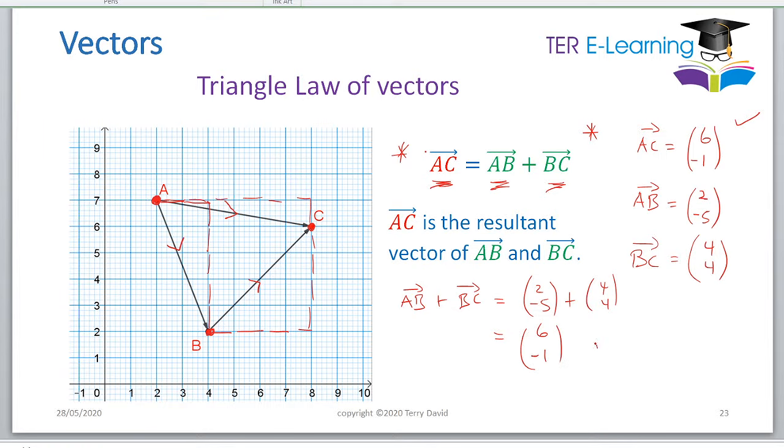Look at that. AB plus BC is 6 minus 1 and AC is also 6 minus 1. So therefore this vector statement here is true. That's an important concept that we need to know. It's very, very important. One sec, let me get something here for you all.